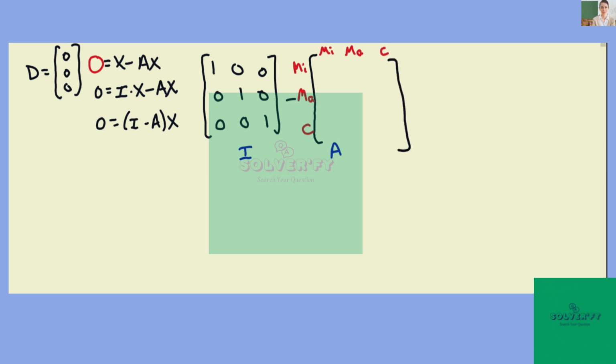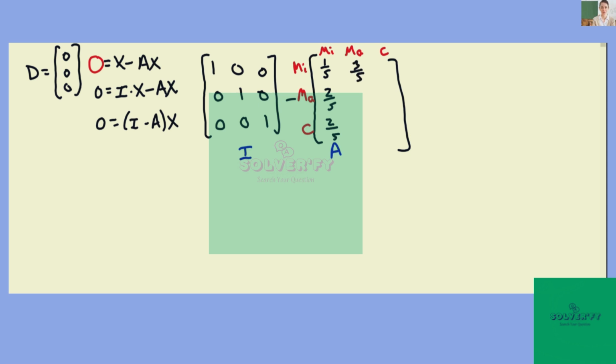Okay, so what are those values? As we look at what is required, we're going to be going down the columns. So for what is required to produce 1 unit of mining, that's going to be down the mining column, that first column in our matrix. So 1 unit of mining requires 1/5 of a unit of mining, 2/5 a unit of manufacturing, and 2/5 of a unit of communication.